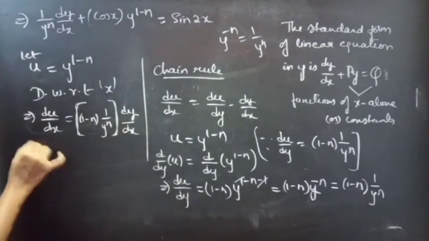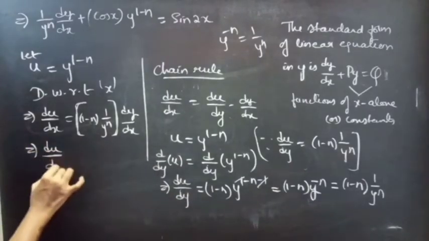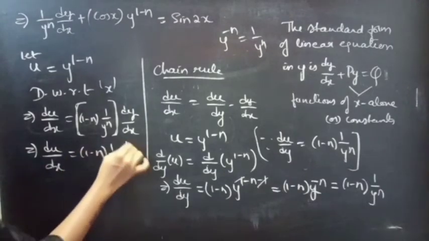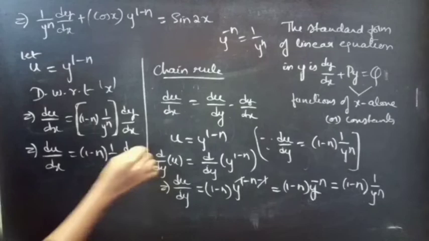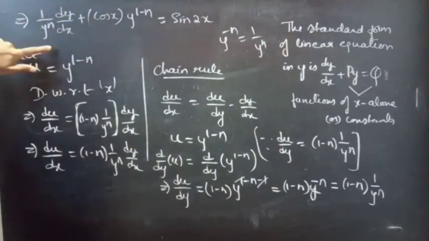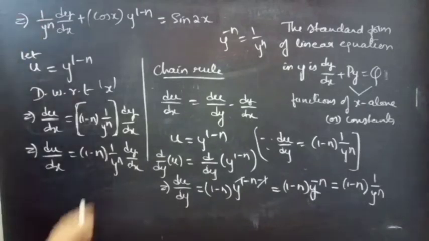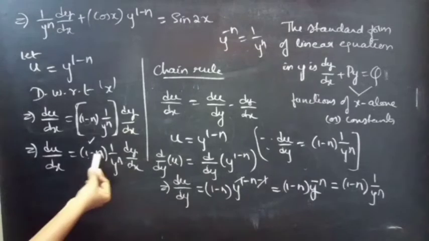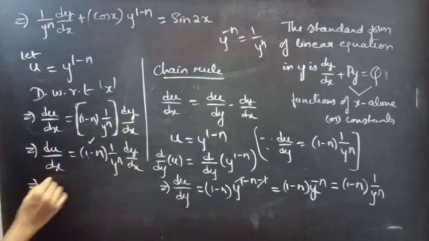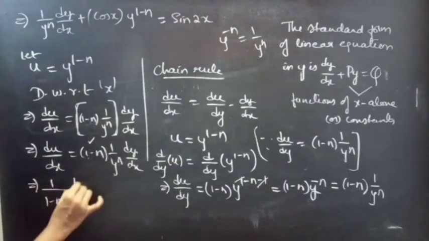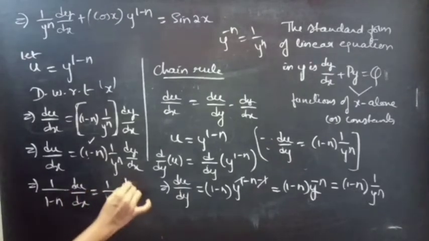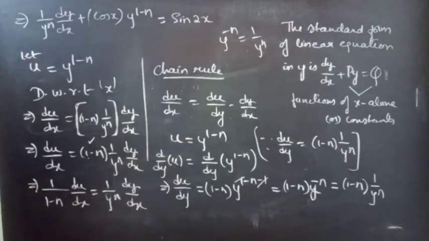Then you'll get du by dx equals 1 minus n into 1 by y power n into dy by dx. Now if you notice, the first term has 1 by y power n into dy by dx, right? To get this, we'll simply bring 1 minus n to the LHS, then you'll get 1 by 1 minus n into du by dx equals 1 by y power n into dy by dx.